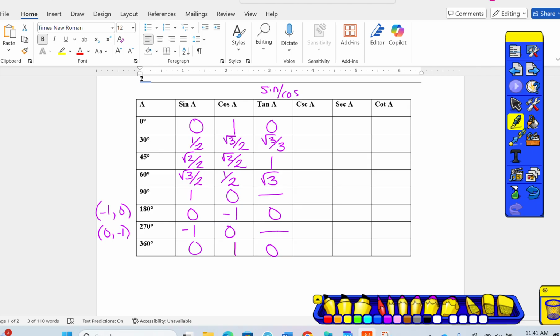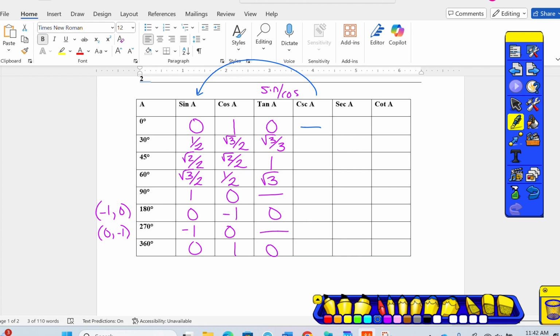Once we know those, which we should, I can do the reciprocals just by flipping everything. Cosecant is the reciprocal of sine. If I flip 0, I get no 0 on the bottom, so that's undefined.